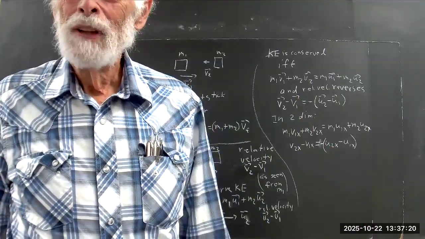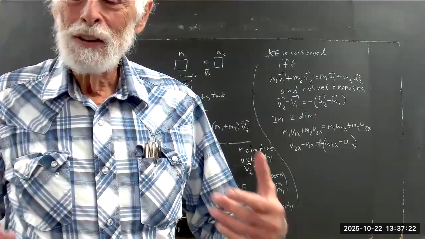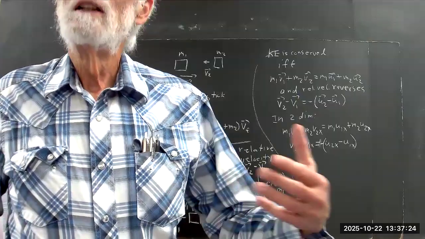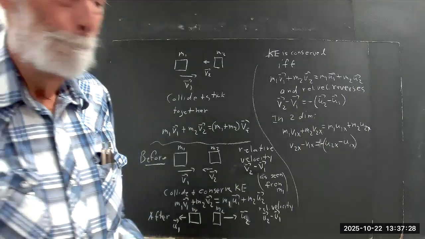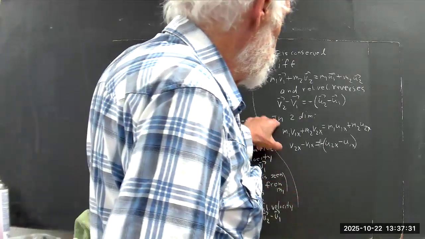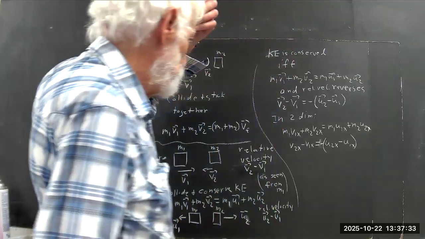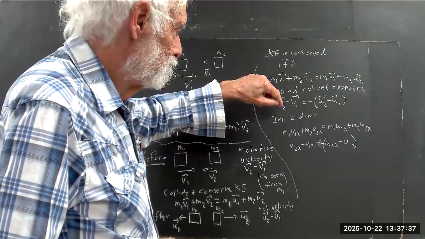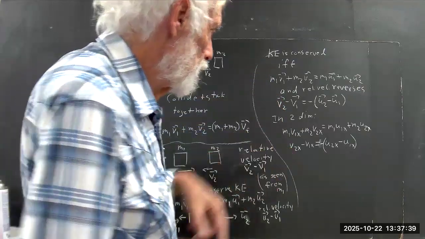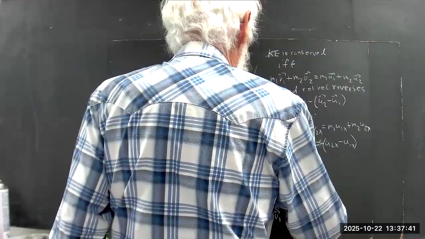Okay, change in speed. Change in velocity the second time had a magnitude of 2 meters per second. I bounced off at 1 meter per second. Okay. So anyhow, in this elastic collision, we have this, and then we have the same thing for the y.